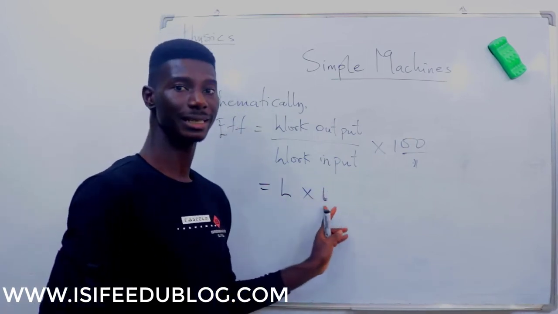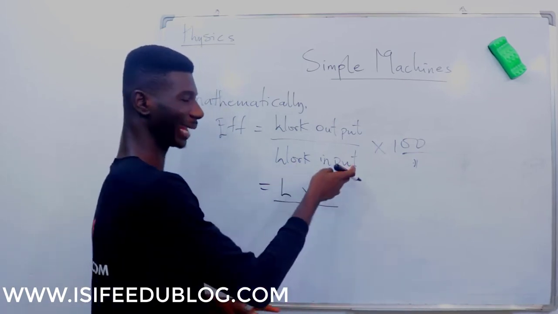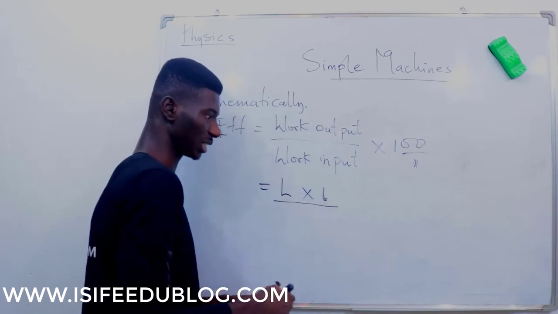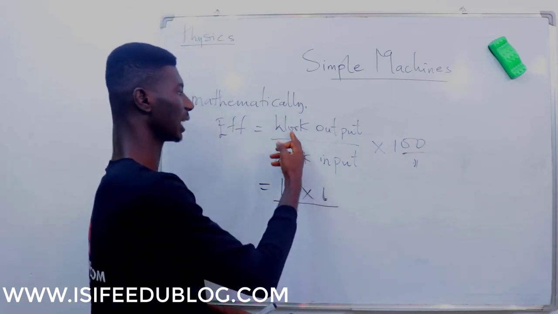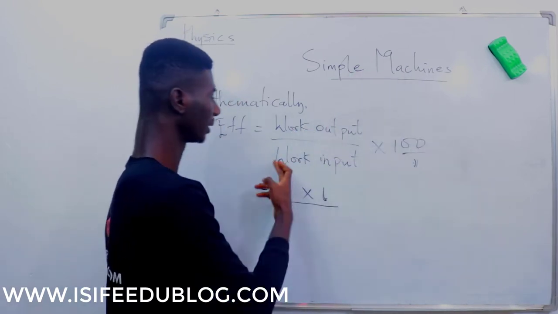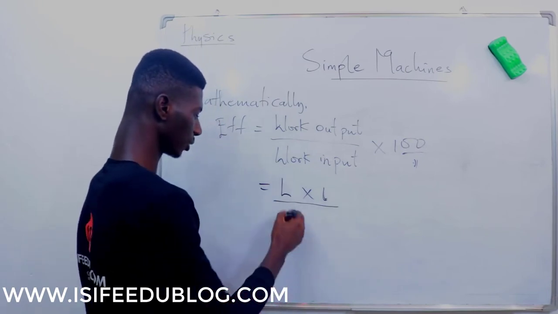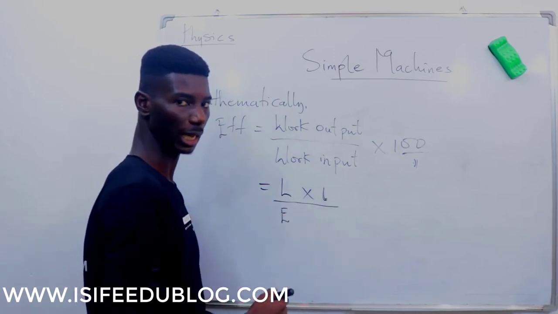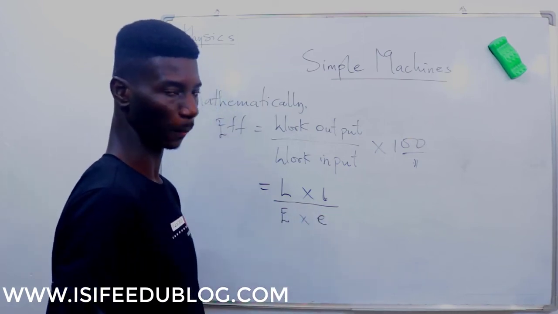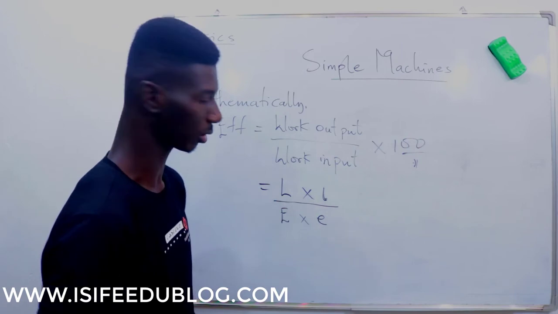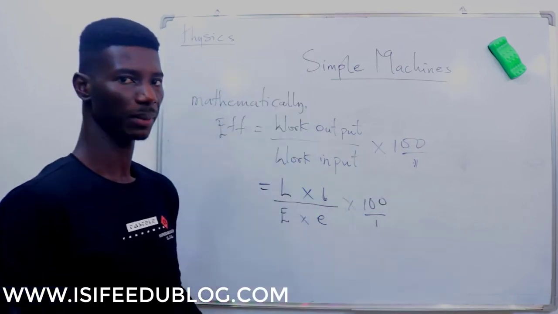So force times distance, divided by work input. Work input is the work done by the effort. Some textbooks will say work done by load divided by work done by effort. They are still the same thing. So let's use capital E to denote the effort, which is the force, times small e, the distance covered by the effort, expressed in percent.